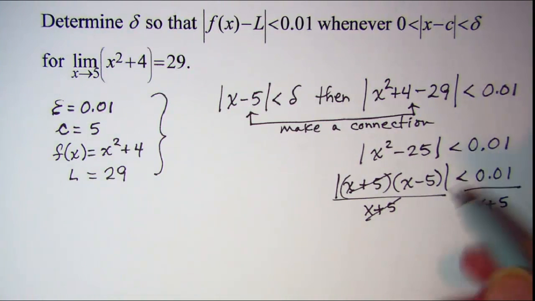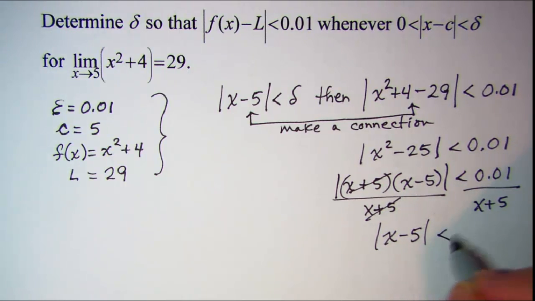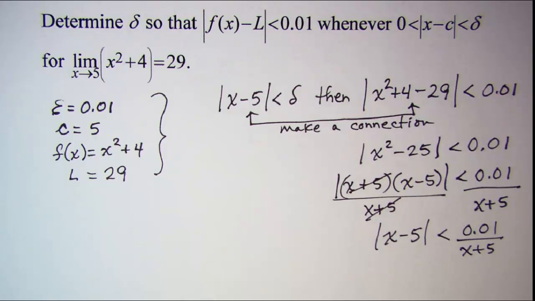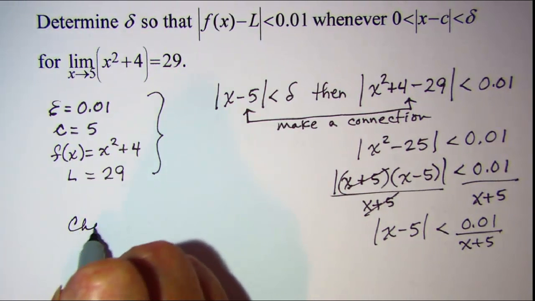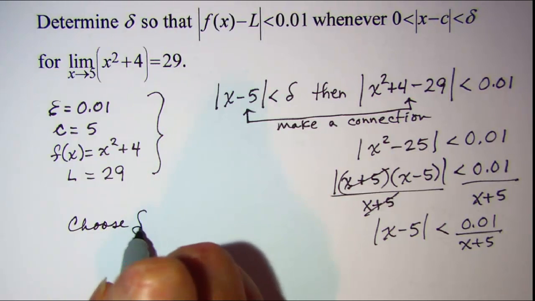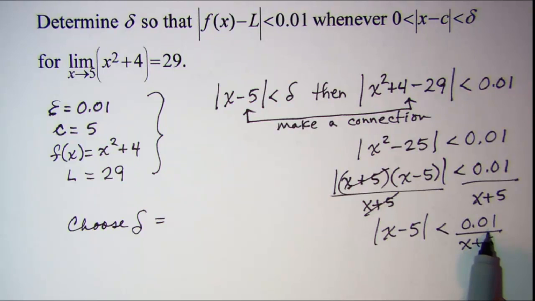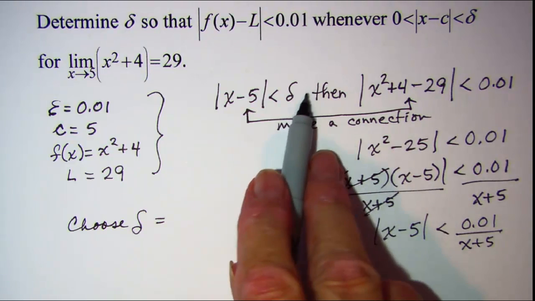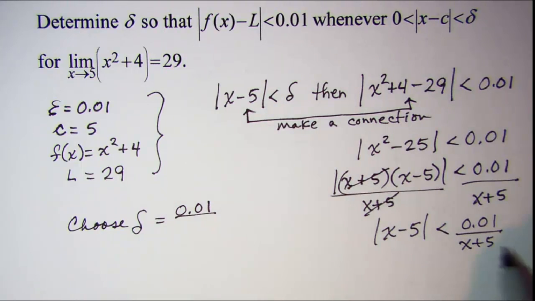So now I have the absolute value of x minus 5 is less than 0.01 divided by x plus 5. So I want to choose delta to be equal to 0.01 divided by x plus 5.